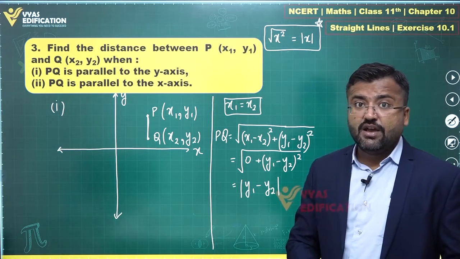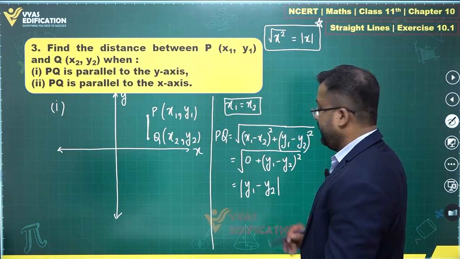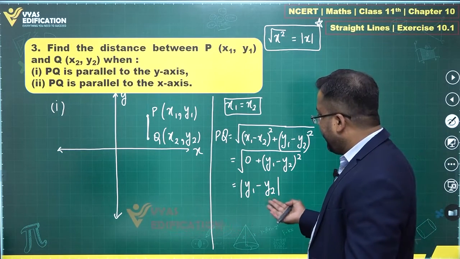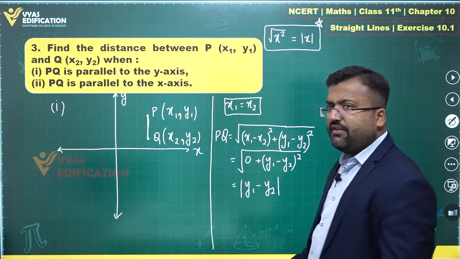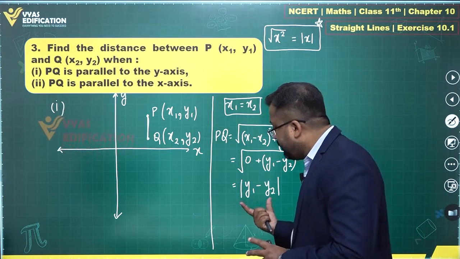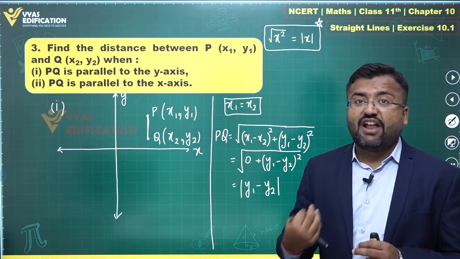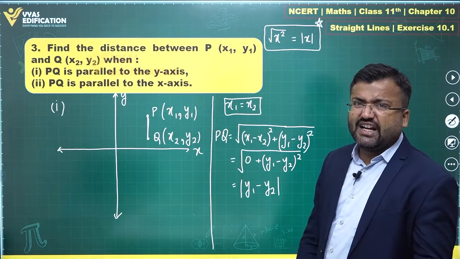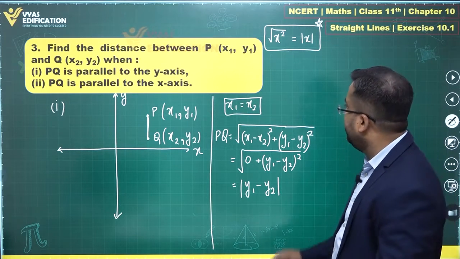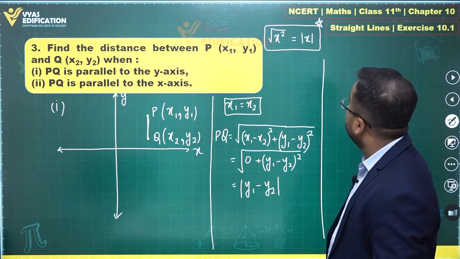We'll not write it as plus minus (y1 - y2). If y1 is greater than y2, this becomes y1 - y2. If y2 is greater, this becomes y2 - y1. The final output by substituting any values of y1, y2 should be non-negative. This is what you have.